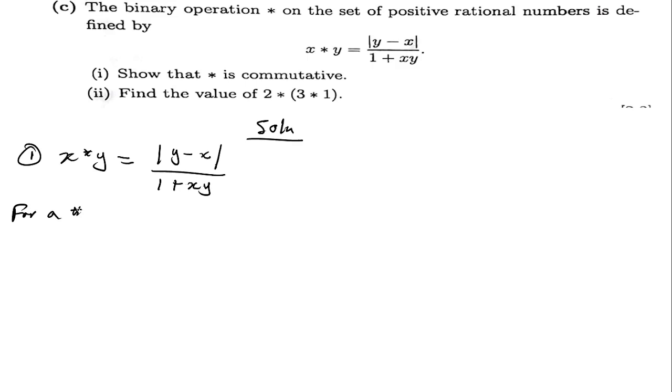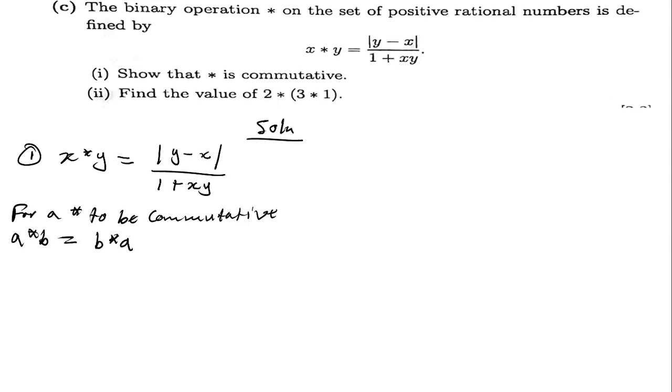For a binary operation to be commutative, you need to understand that a star b should be equal to what? b star a. a star b should be equal to b star a.